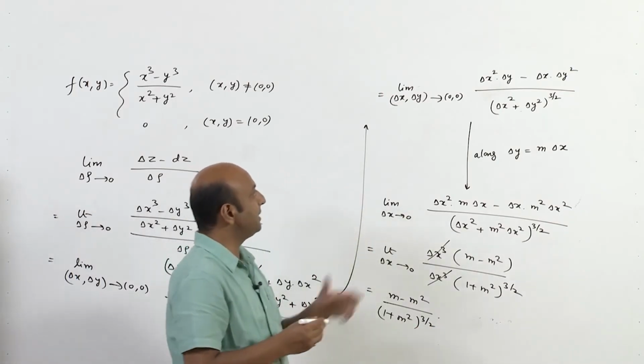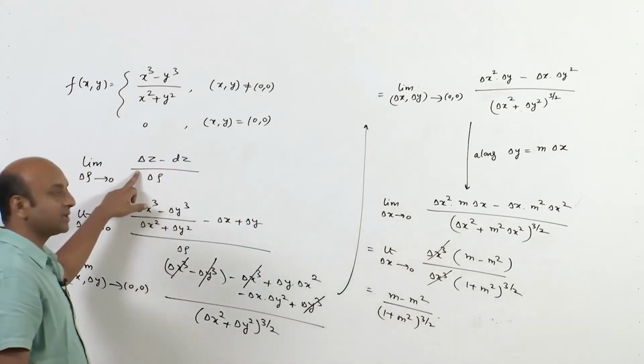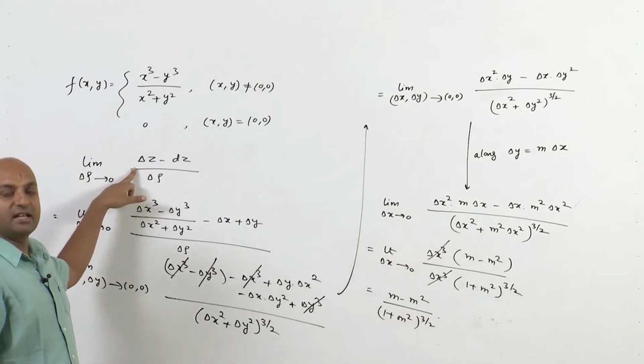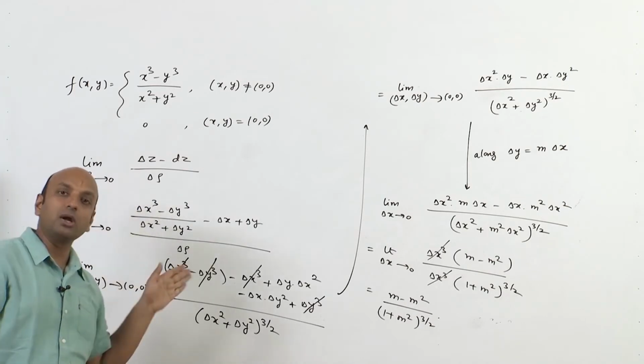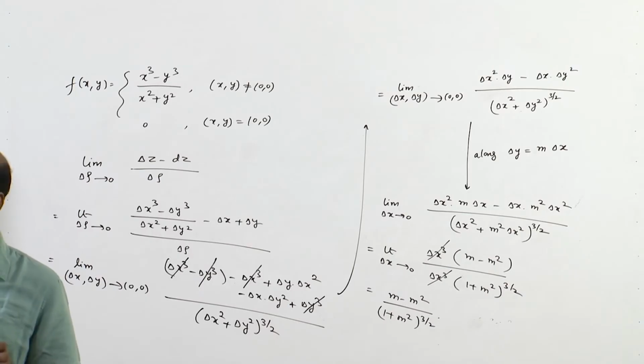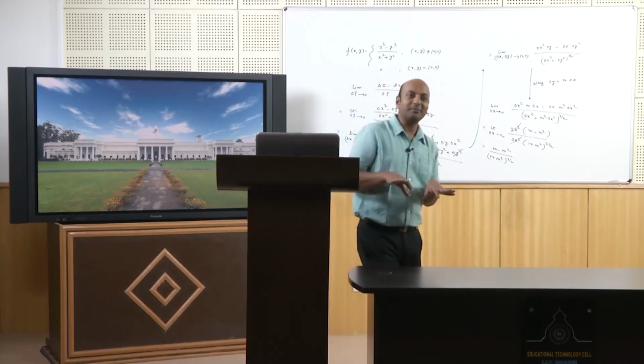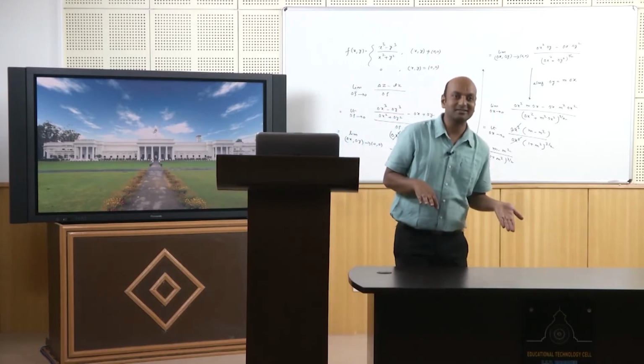So, this limit depends on m and hence this limit does not exist, and this limit does not exist means the function is not differentiable at (0, 0). So, that is how we can show that the function is not differentiable. If it is not differentiable, that means we have to show that this limit does not exist.